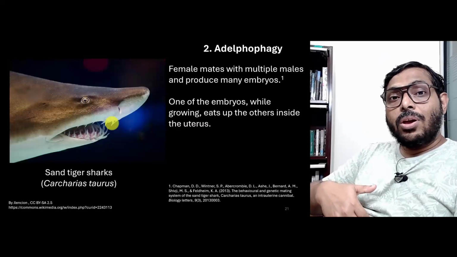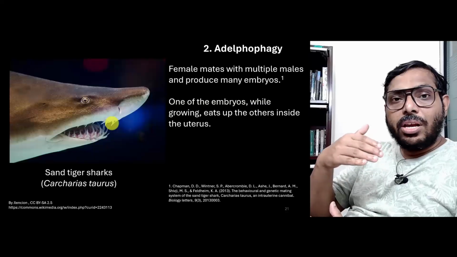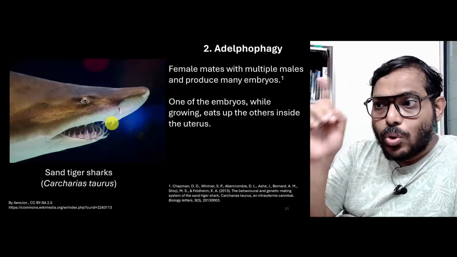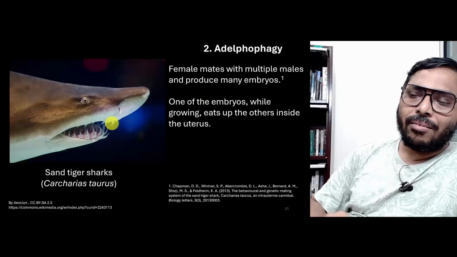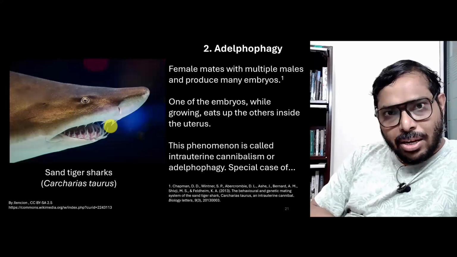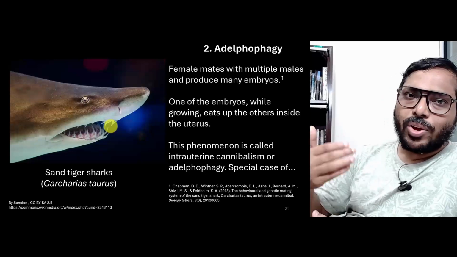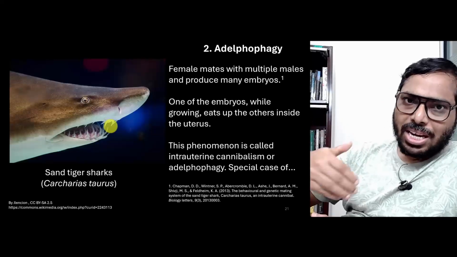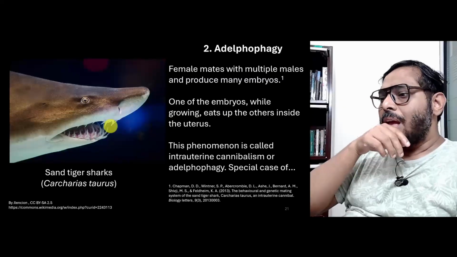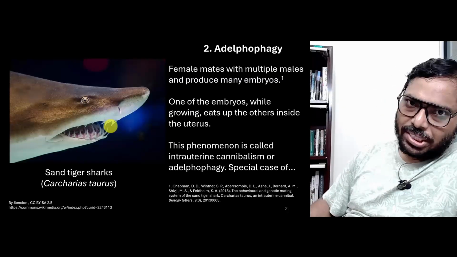Okay. So, even if they are starting with some 30-40 embryos to begin with, at the end of the day only one baby is going to come out of this mother, right. And this is what is known as intrauterine cannibalism. Cannibalism is when members of a species eat their own species; intrauterine means inside the uterus, also known as adelphophagy.